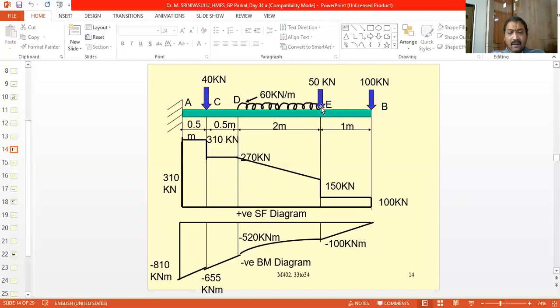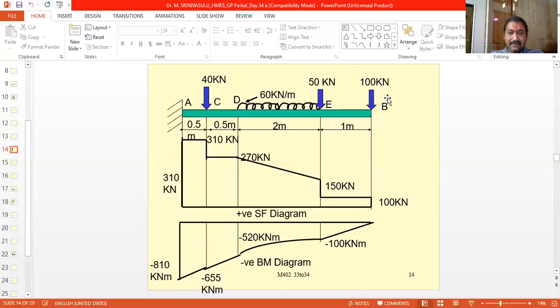If you take the section here, to the right of E we have only one force, that is the 100 kN force, and it is acting at a distance of 1 meter from the point E. So the moment caused by the 100 kN force about the point E is equal to 100 into 1, that is minus 100 kN meters. Why? Because it is causing a clockwise moment to the right of the section.